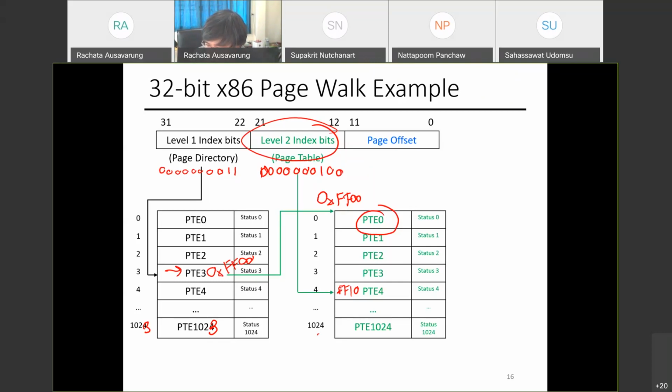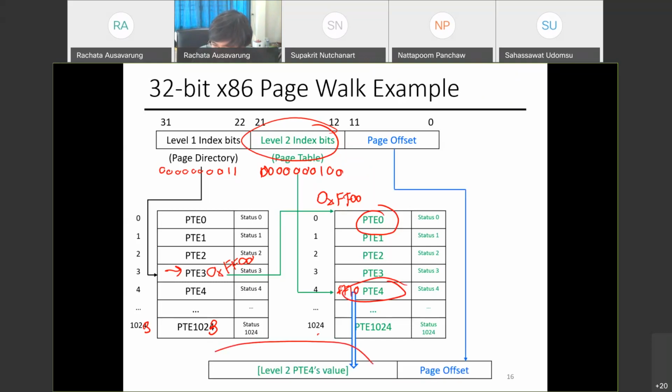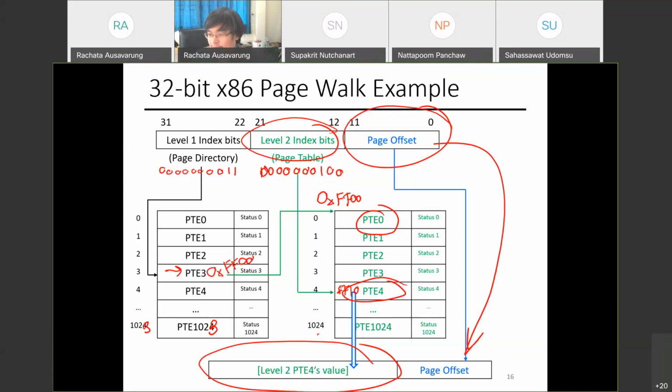Whatever value is on PTE4 goes to this part, and then you take the page offset, the last 12 bits, and plug it here. You attach them to each other. That's your physical address. Any questions here?